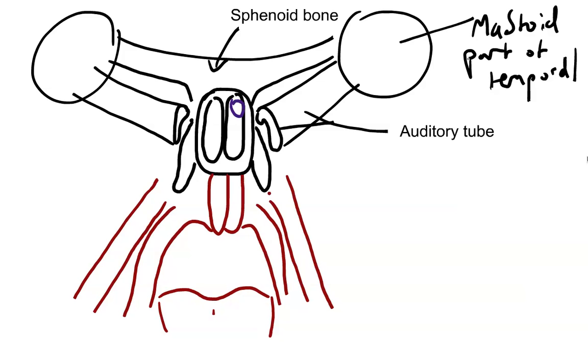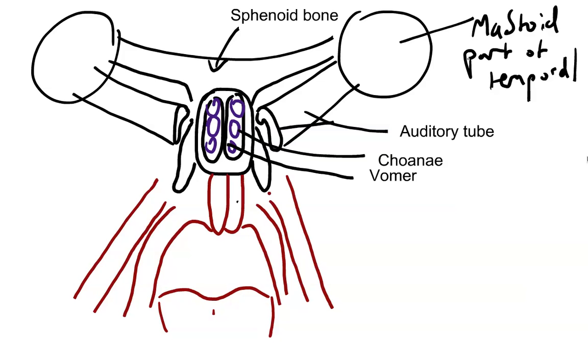The choanae in here, which is just above the nasal cavity. The posterior nasal aperture, it's called. It's basically the part of the nose between the vestibule, which is the end of the nose, and the pharynx, just below the frontal and sphenoidal sinuses. And these are separated by the vomer.